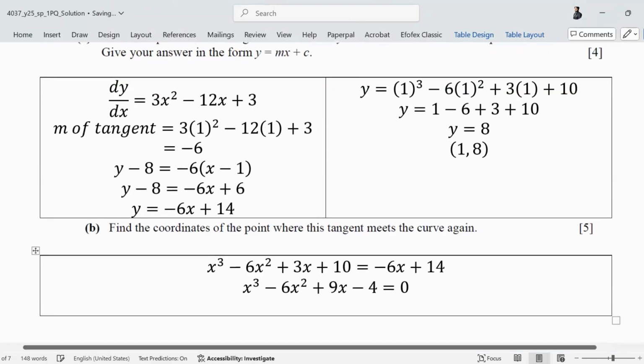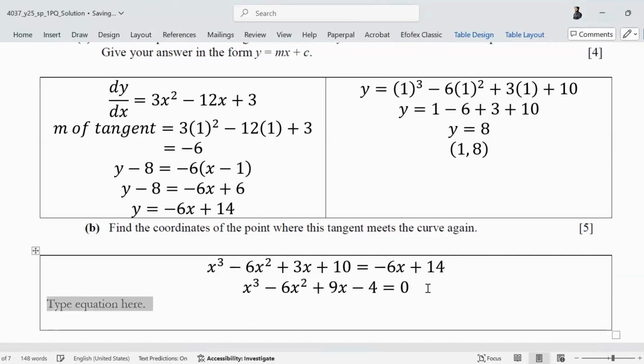Now this is a cubic expression that we first need to factorize and then we'll solve it. We know one of the roots, which is 1. If 1 is a root, one place where it cuts the curve is 1.